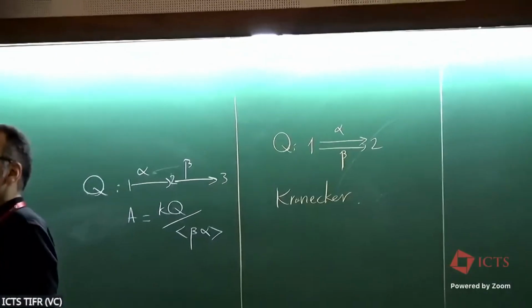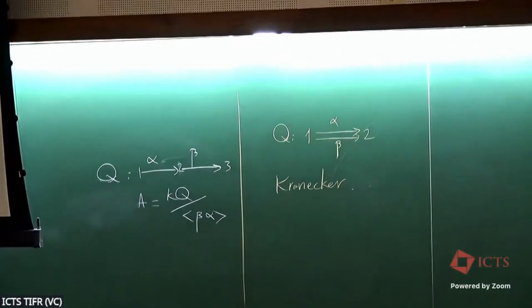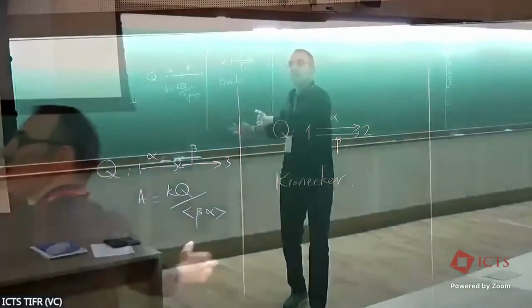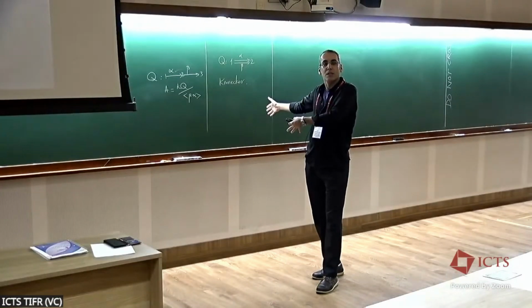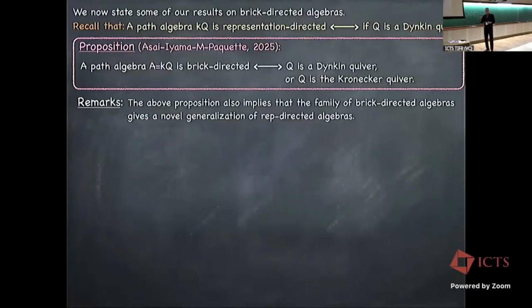So you already get something new. And remember, this one has infinitely many indecomposables and infinitely many bricks. If you just think about it for a second, I just gave you a definition which required checking every brick, whether or not it falls on a cycle, and I have infinitely many bricks. So there must be a systematic way to decide whether or not an algebra is brick directed.